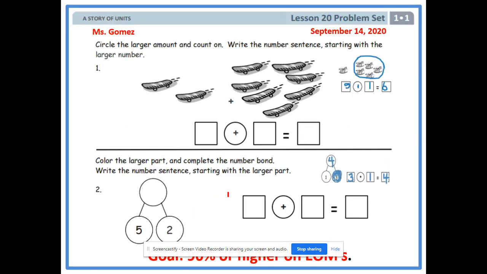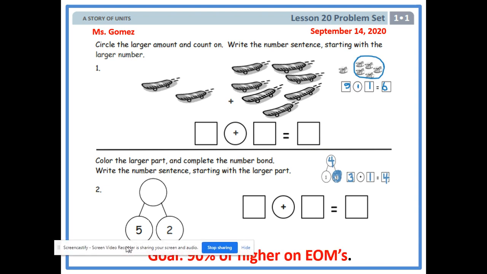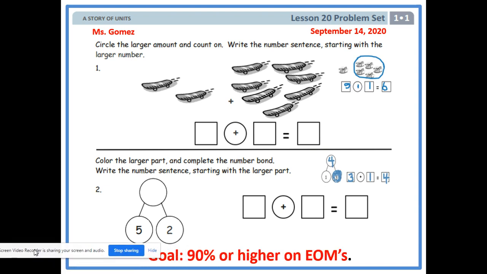Now it's time for your problem set. Go ahead and take out your problem set. Should look like this. Turn to page 137. Again, let me remove this from your goal so you can see. There you go.